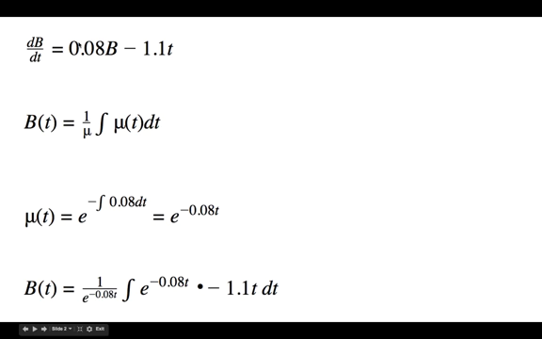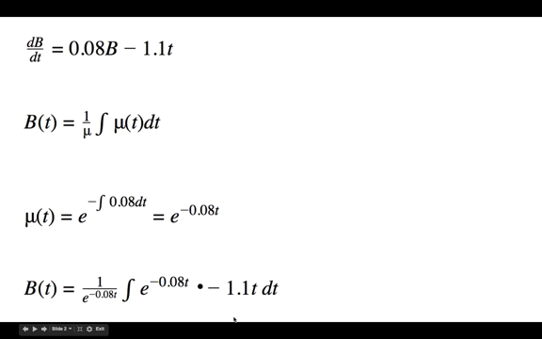So that would be our 0.08 here. So we put the 0.08 into the equation and we solve the integral and we get that mu equals e to the negative 0.08t. We plug that into this equation back up here for b of t, and we have this.